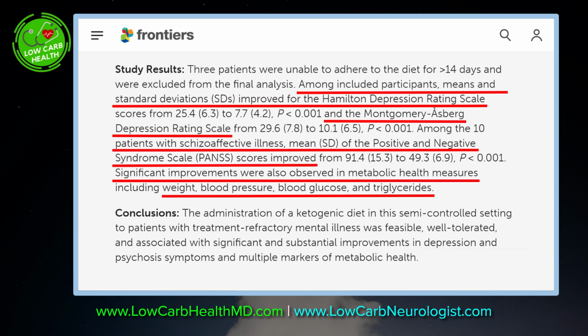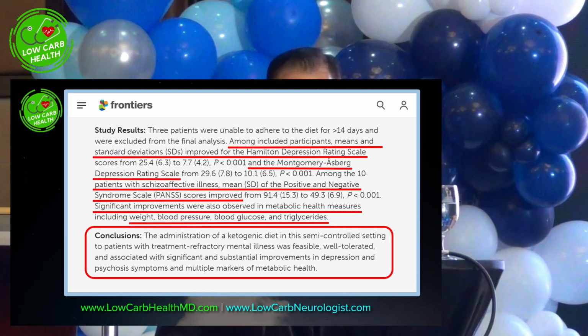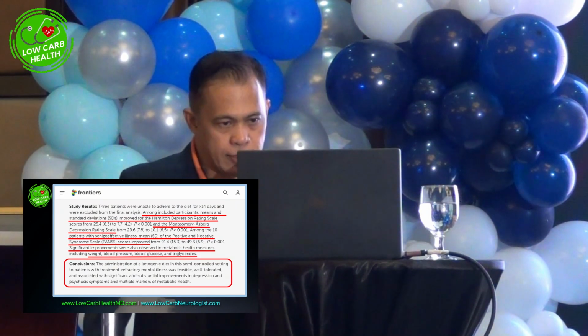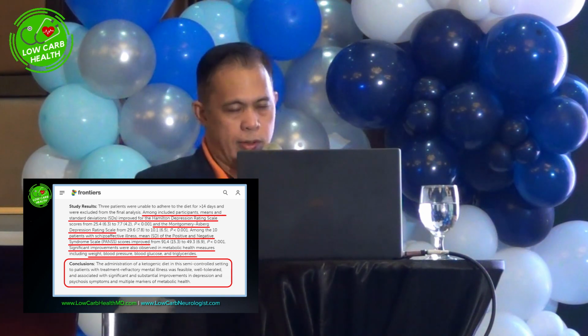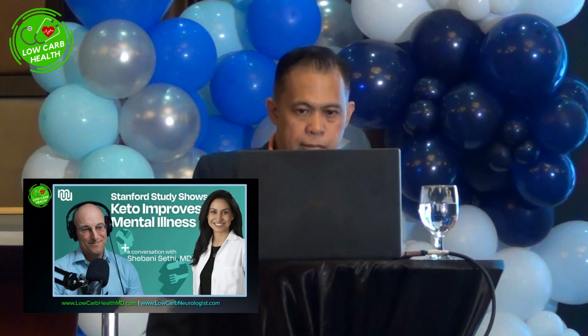Improvement in the Hamilton Depression Scale, the Montgomery Depression Rating Scale, and as well as the CGI. And in conclusion, not just that, there's an improvement in metabolic health parameters, and the ketogenic diet was well tolerated, attributed to this paper.